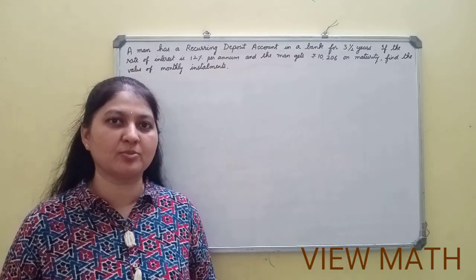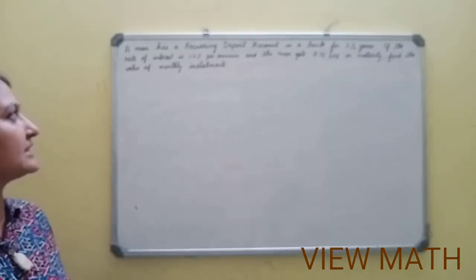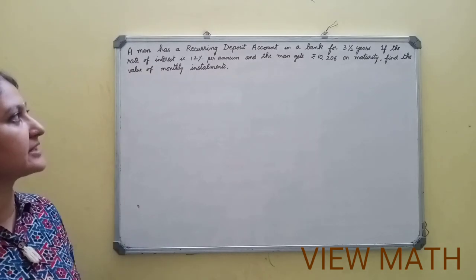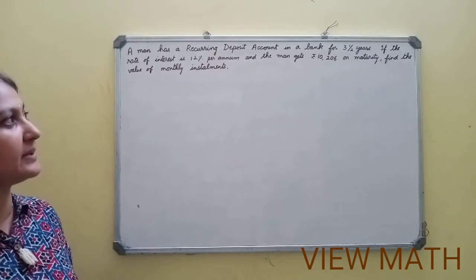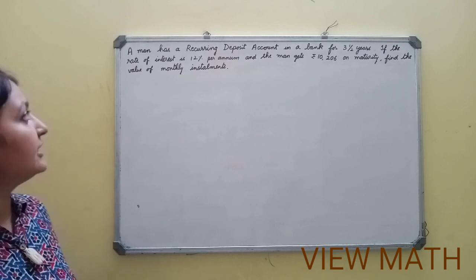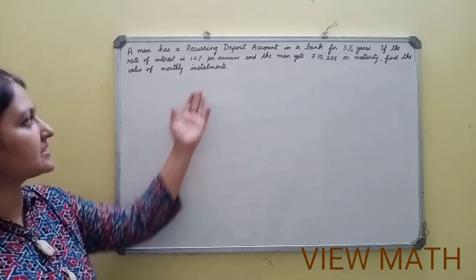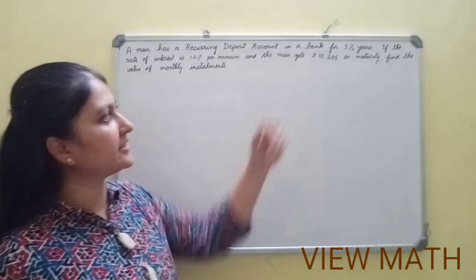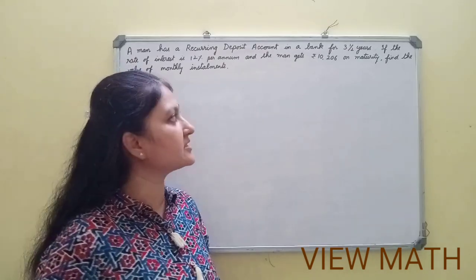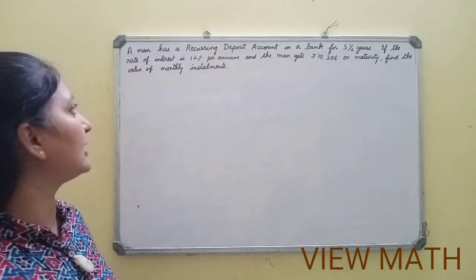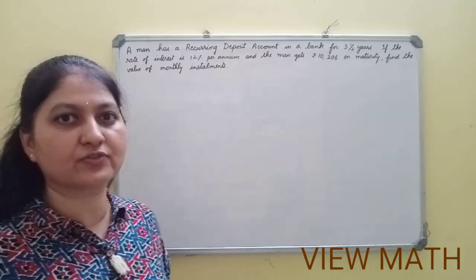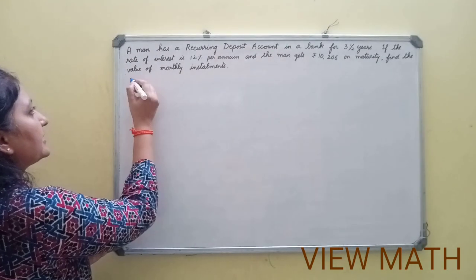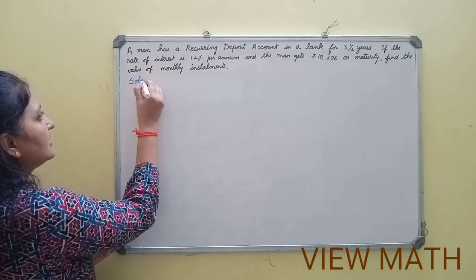Let me see one more problem of the same type, finding the monthly installment. A man has a recurring deposit account in a bank for 3.5 years. If the rate of interest is 12% per annum and the man gets rupees 10,206 on maturity, find the value of monthly installment. Again we have to find out P. So first let me write what all is given in the question and then start.